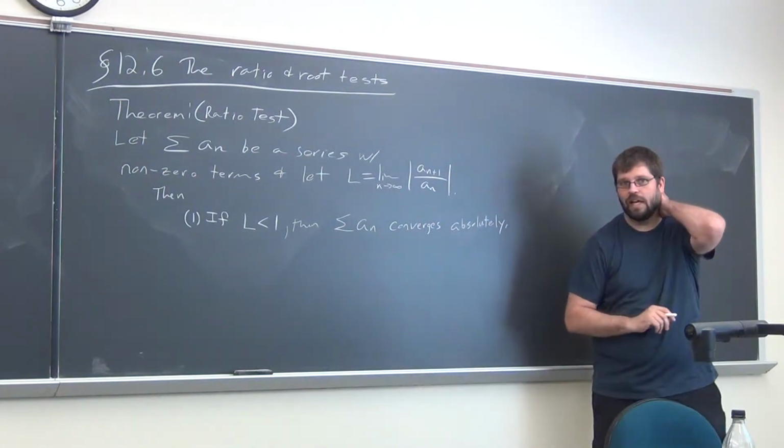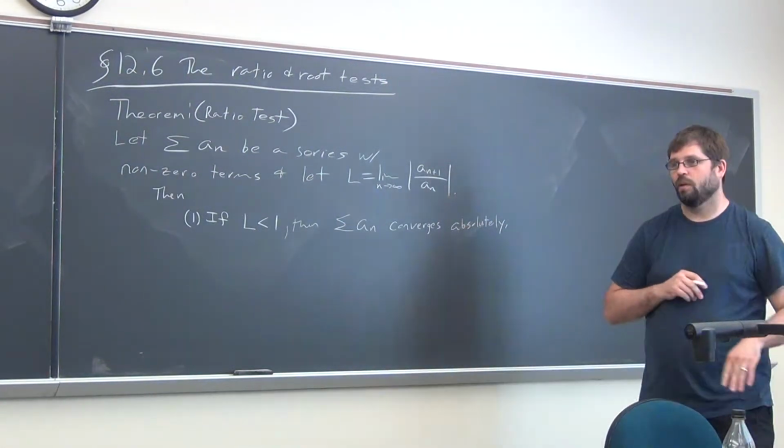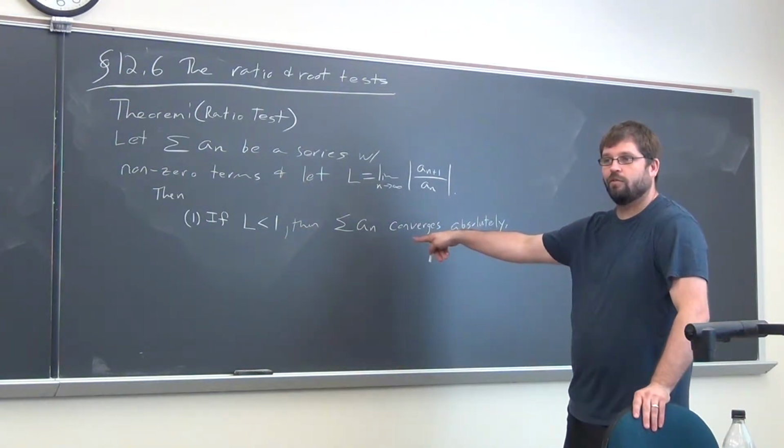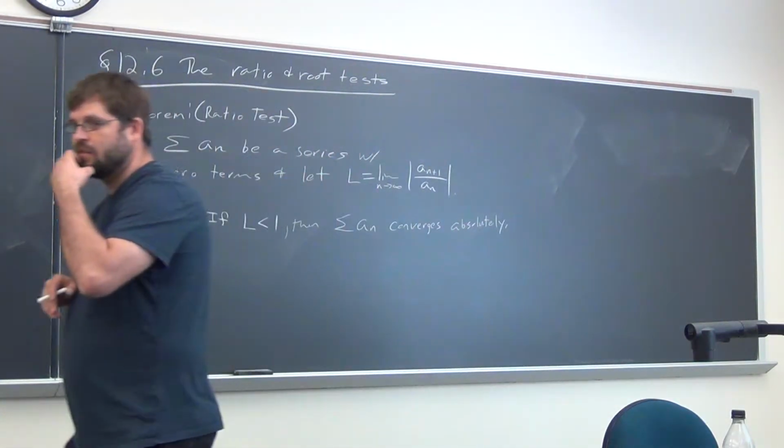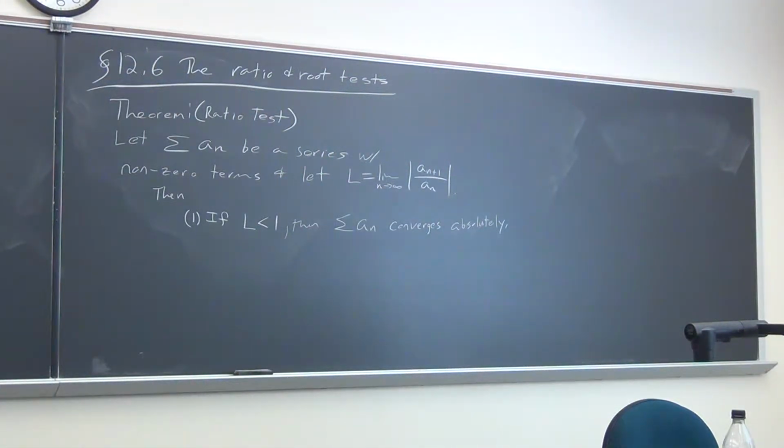And remember, last time we said, what was the definition of absolute convergence? It was the sum of the absolute value of a sub n.